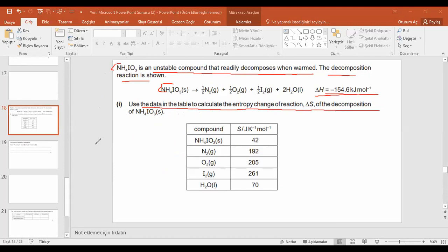So it's very simple. We say delta S equals S of the products minus S of the reactants.